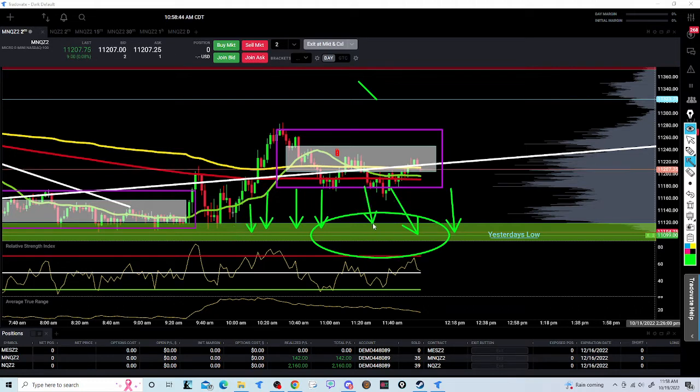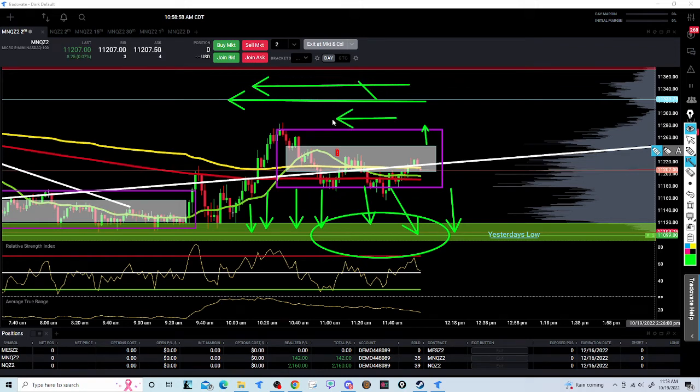Your better odds are to trade the breakout to the upside of this range. Why? Let's look left. We don't have anything here to the immediate left like we do right here. So several reasons not to trade this breakout.